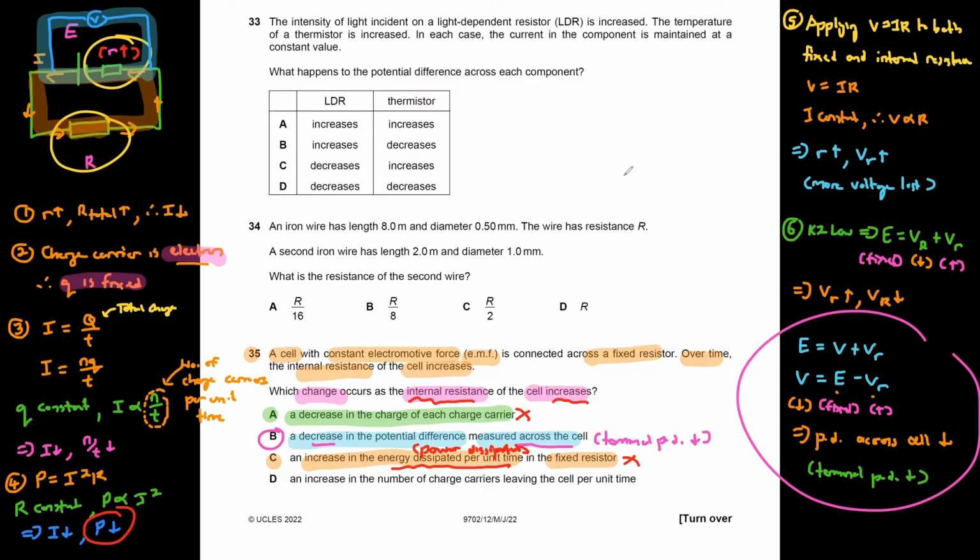And then the last one would be you saying that there is an increase in the number of charge carriers leaving the cell per unit time. So number of charge carriers per unit time, that one is already answered right over here, where we already established that as the current is dropping, our number of charge carriers per unit time would be decreasing. So this one is also wrong. The only correct answer would be B. Okay, so that's it for this question.